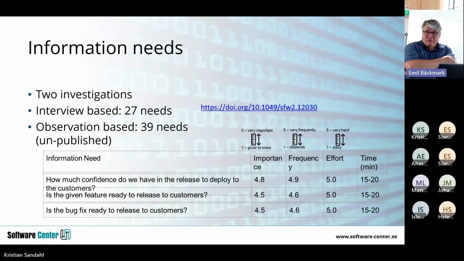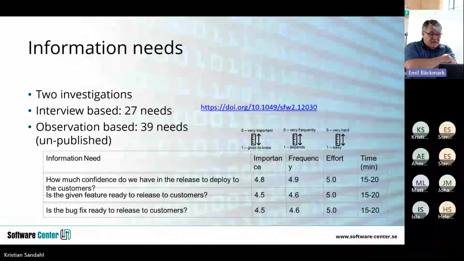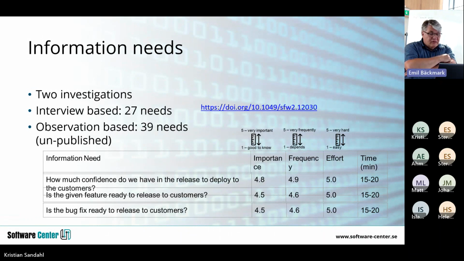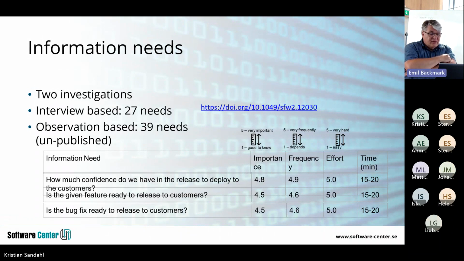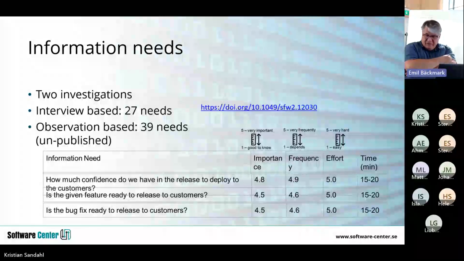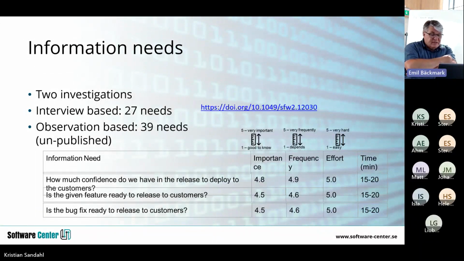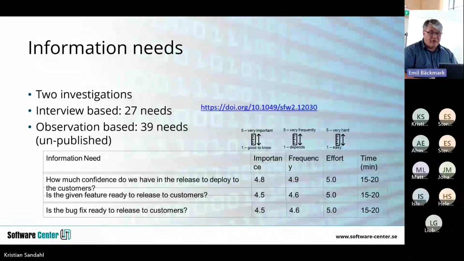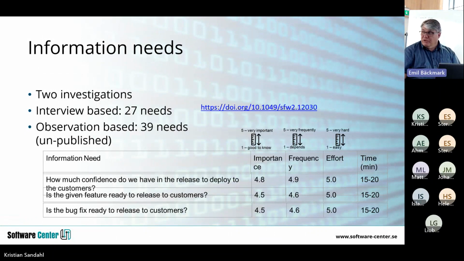This was part of your thesis, Asim, and you first did an interview-based investigation, and you found 27 different needs that could be categorized and prioritized according to how important they are, if they occur very frequently, and the time it normally takes to process such a question.